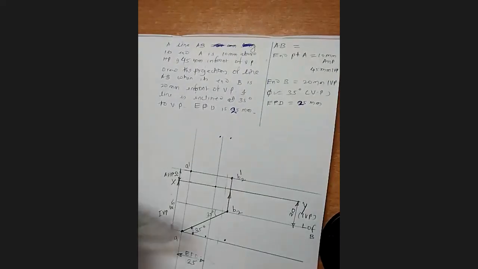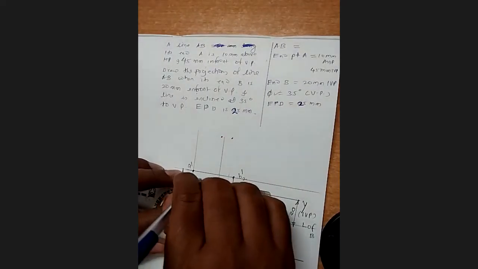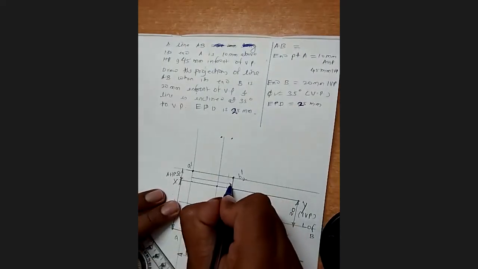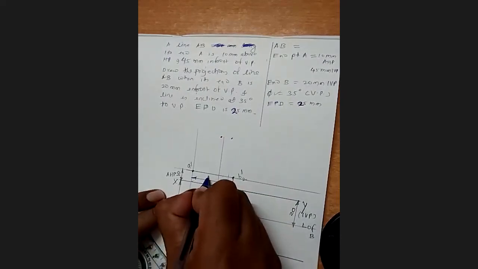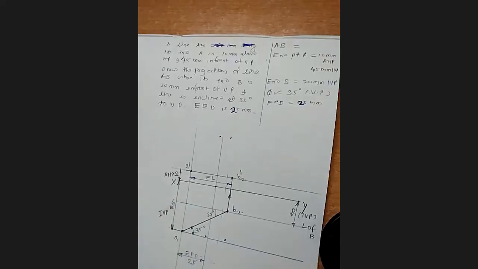And it will give the length of your front view. So generally we say it's EL, or FVEL, front view length. So EL you will get here. Okay.